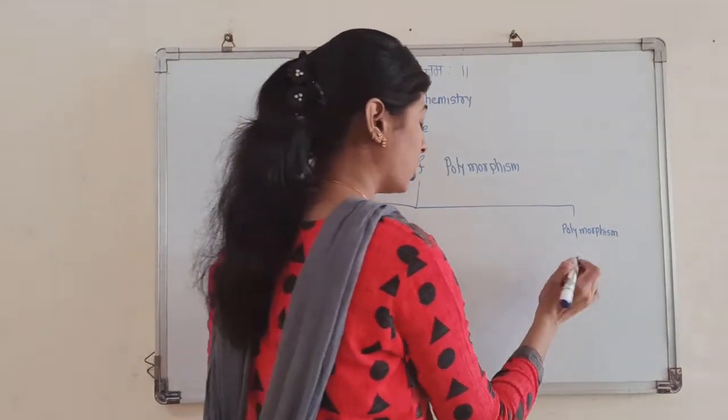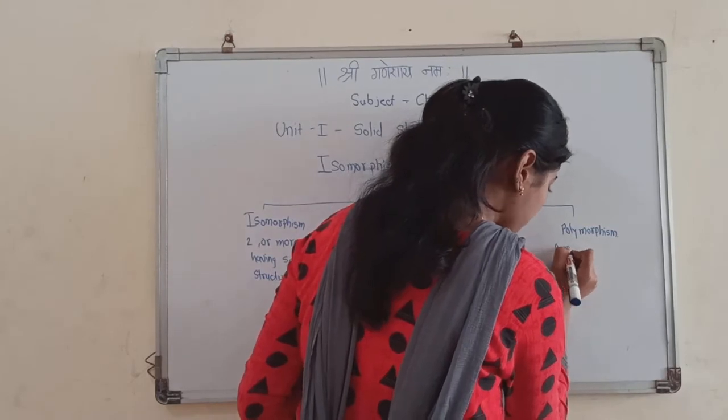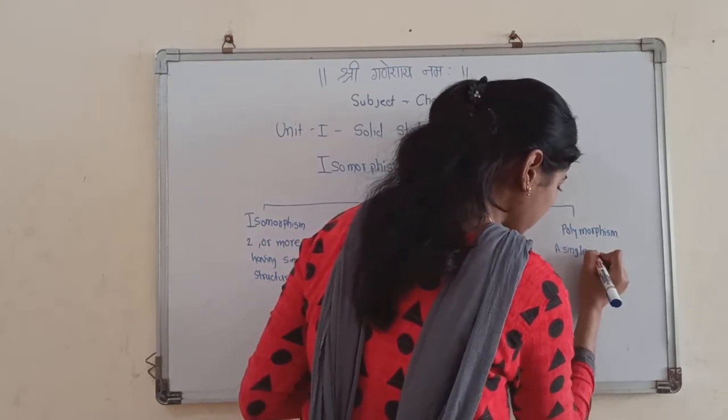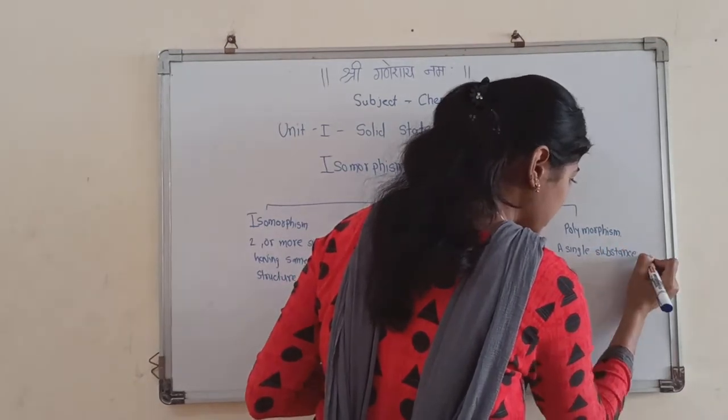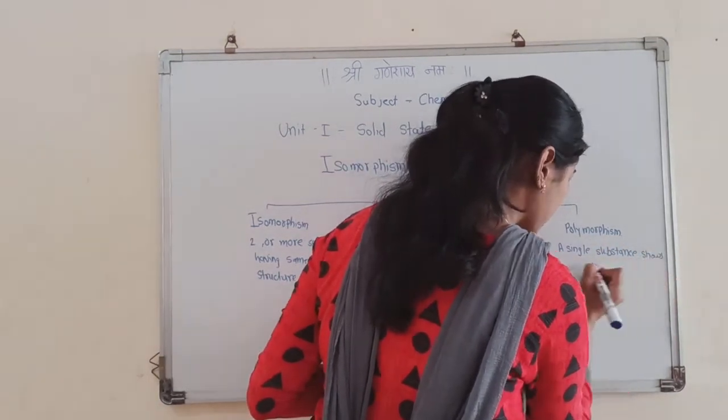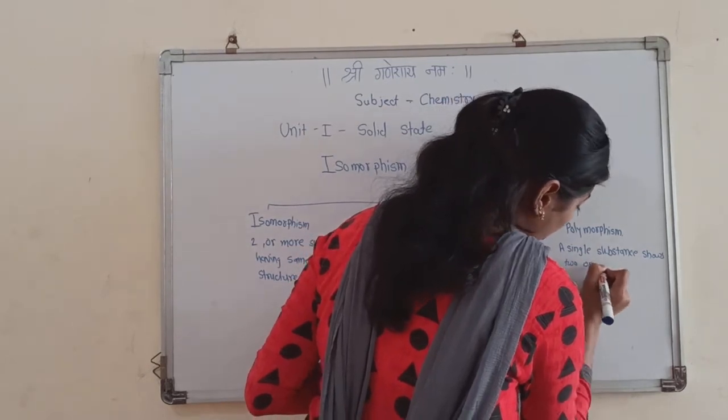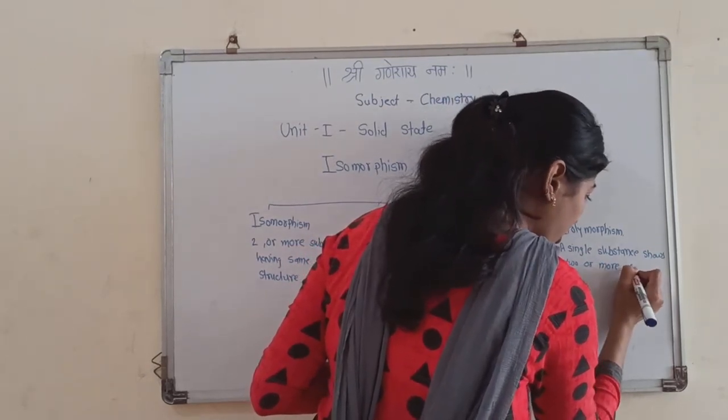On the other hand, polymorphism is when a single substance shows two or more forms.